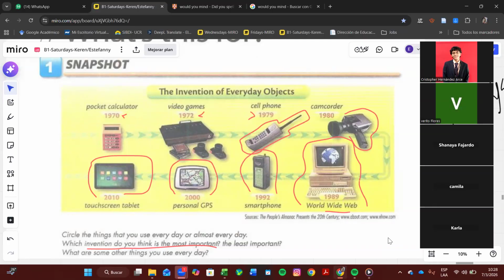Also, I have gone to San Jose a lot of times, and I don't know San Jose, so I need the GPS to guide myself, for example, to the bus station, so I don't get lost. Yeah, in my case, it's the same thing, or in the university, because it's too big, so I need to use the GPS.